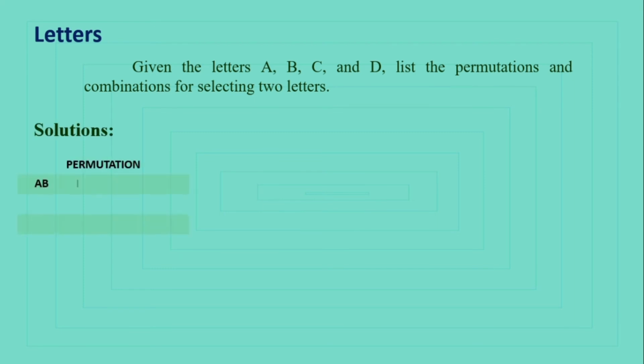In permutation, we can have AB, AC, AD, BA, BC, BD, CA, CB, CD, DA, DB, and DC, because in permutation, AB is different from BA.